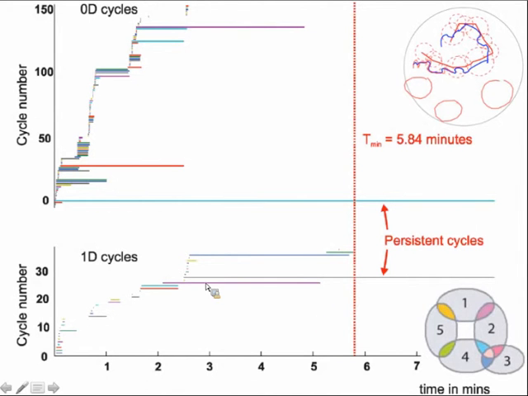In this example, maybe we start here and go around here, and a cycle forms. Maybe we then go here, and another cycle forms. Oh, now we kill a cycle. So based upon the time, we form a cycle or kill a cycle, depending upon where the mouse or rat has traveled.